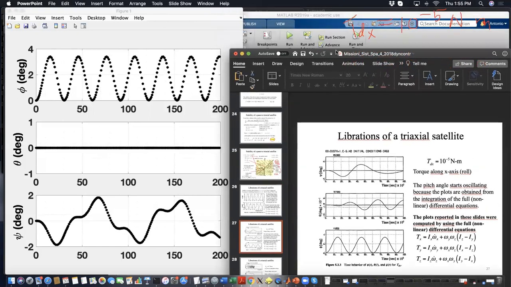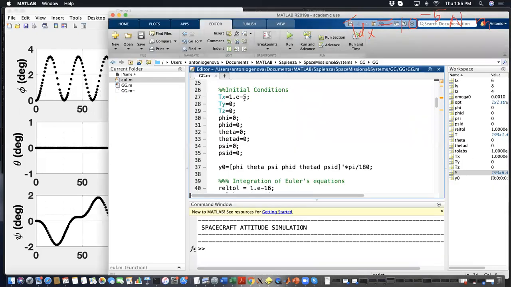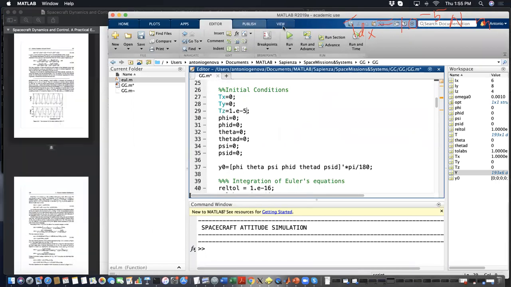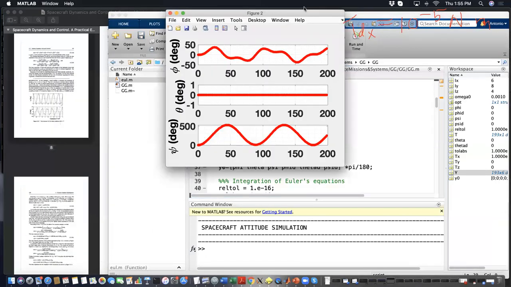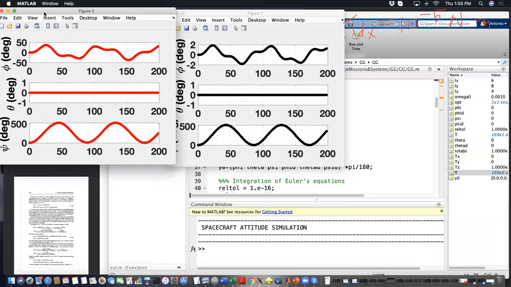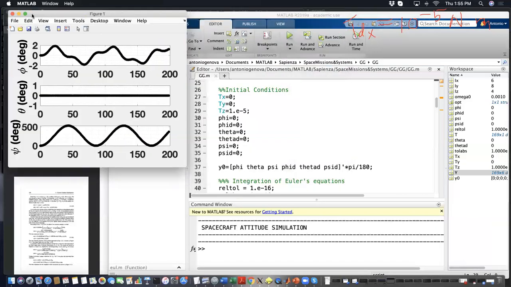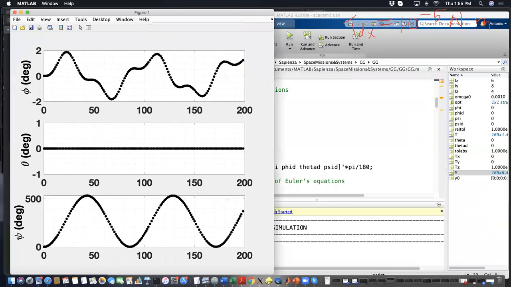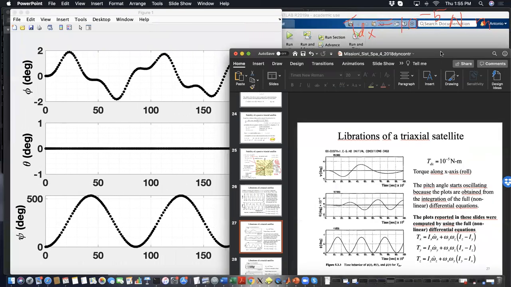To do this example, we can indeed consider the perturbation along the z direction. Okay, so let's compare this plot with what you have in the slides.